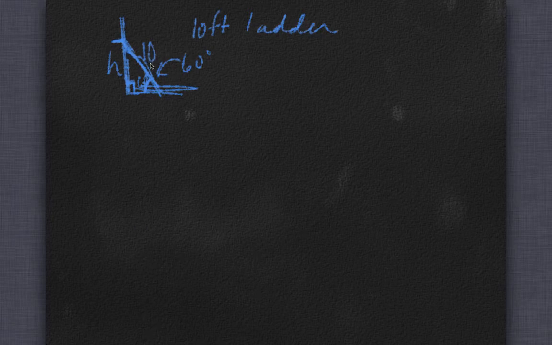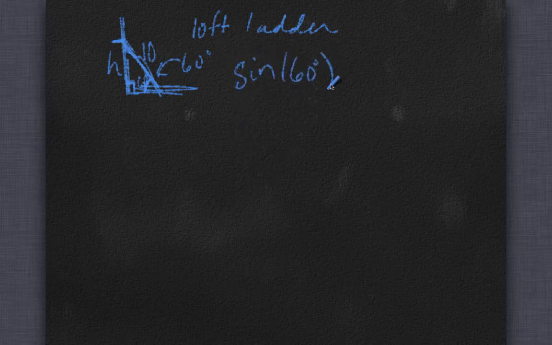I want the opposite. So I'm going to use sine, because that's the thing that relates those two things. So sine of 60 degrees is going to be the opposite, which I've named h for height, but you could name it something else if that bothers you because of hypotenuse, divided by 10.